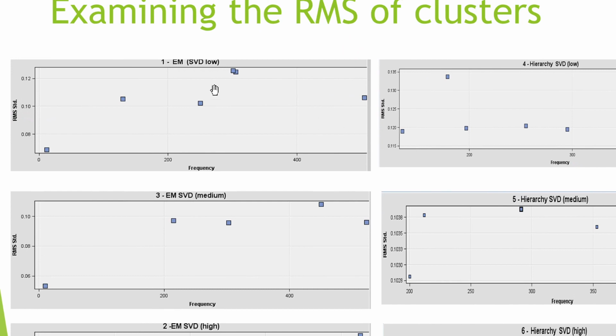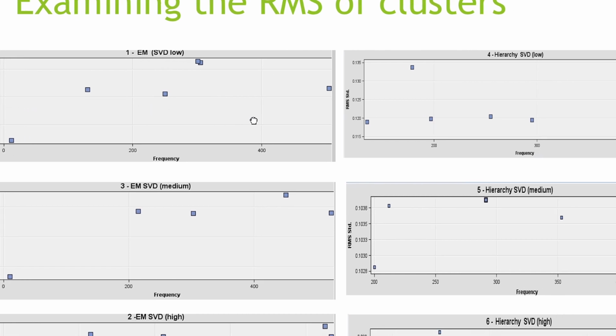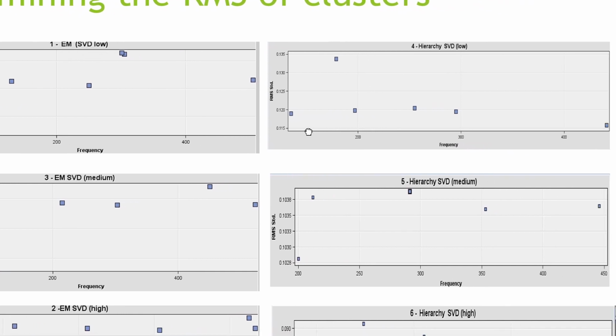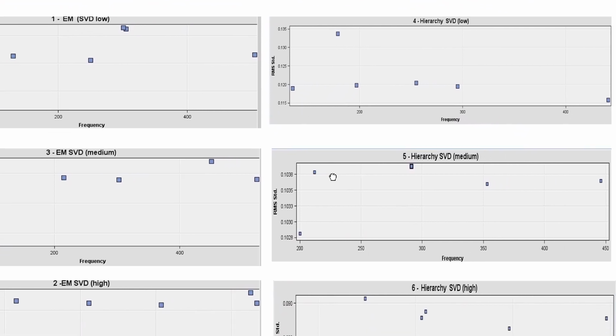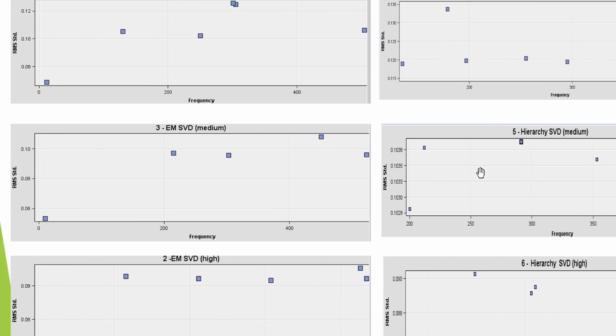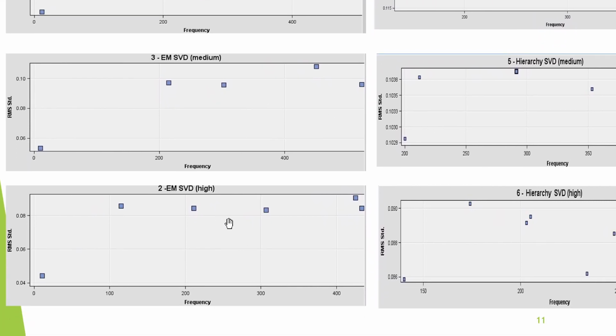So if you look closely, if I take the first one, which is EM with SVD low, you find that some of the clusters are being formed with RMS above 0.1. So we try to look for clusters where most of the RMS is below 0.1.